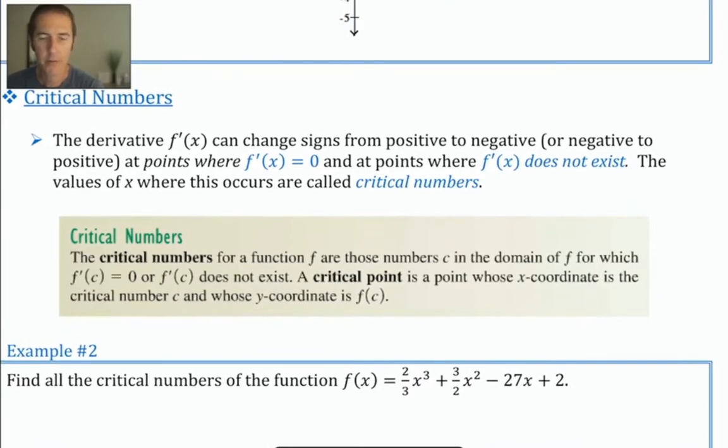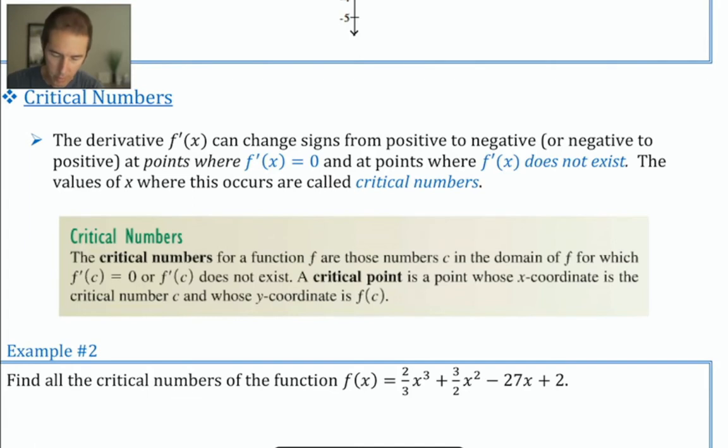So in this gray box, this is well articulated. Critical numbers of a function are the numbers in the domain of your original function for which f prime is equal to 0 or f prime does not exist.